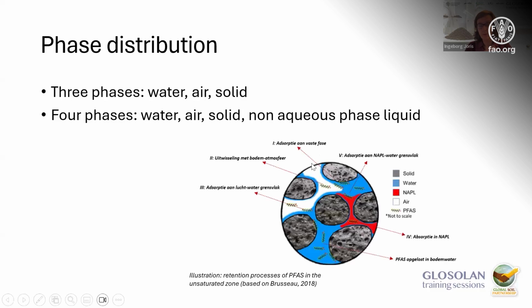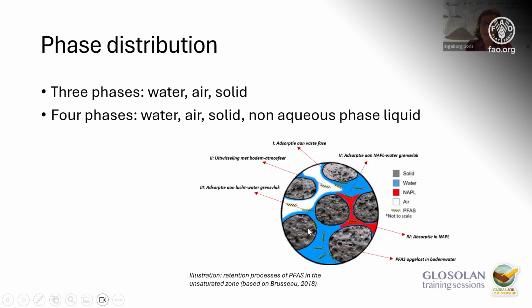A small example of a very complex distribution for PFAS. It's just an example. You can see here in the circle is your soil with the solid phase, that are the gray moon rock-like particles here.